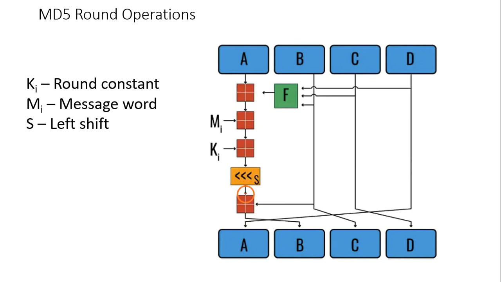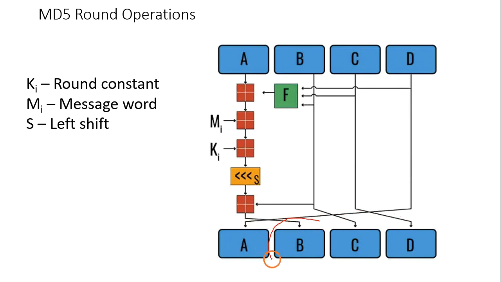Finally, the output of this left shift is again added with the B value. The output of this addition goes to B, and the D value as it is goes as input to A, and the previous B value as it is goes as input to C, and the C value as it is goes as input to D without any change.